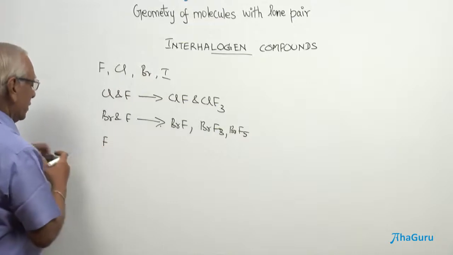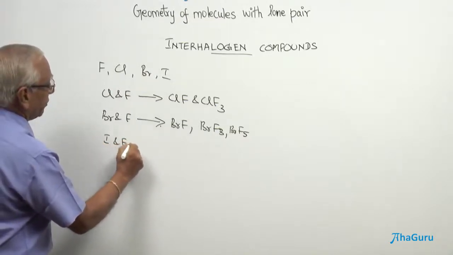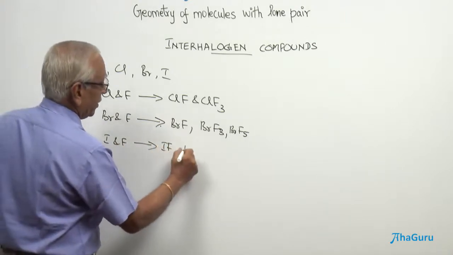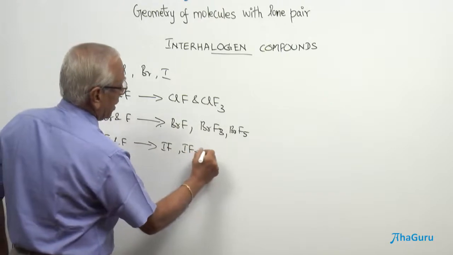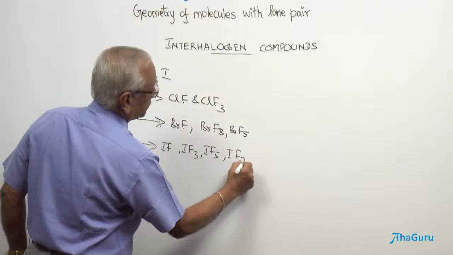Iodine and fluorine can combine together to form four different compounds: IF, IF3, IF5 and IF7.